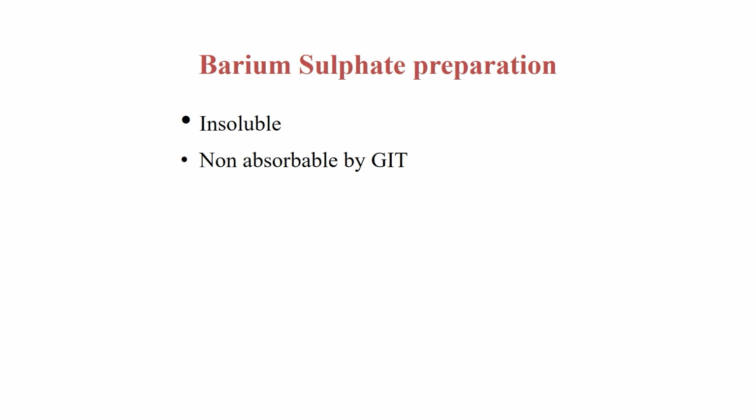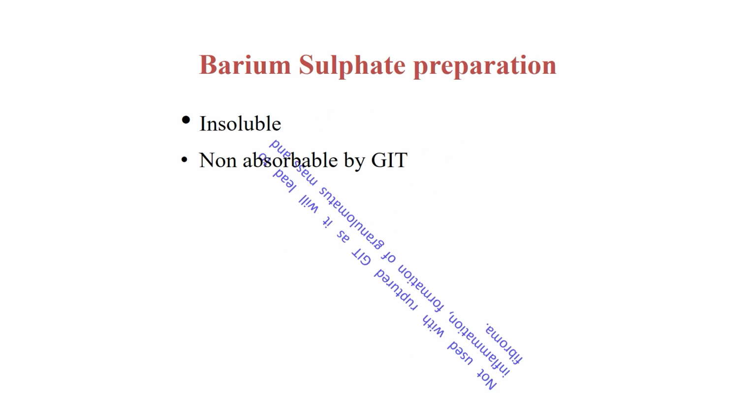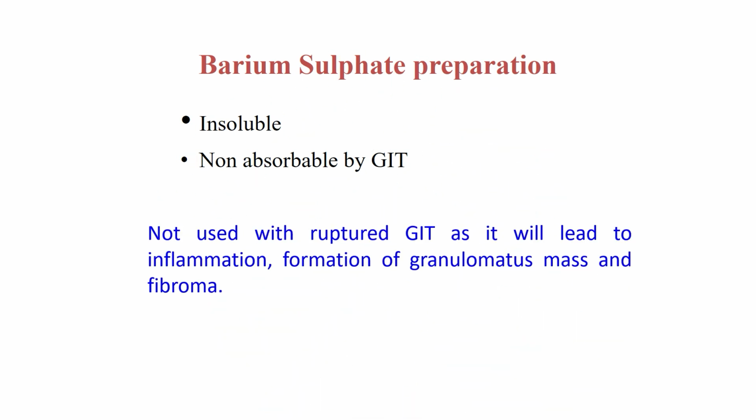So if there are any aberrations in the form of diverticulum, strictures or megaesophagus, it will coat the linings, and they can be very well noticed and identified, and it will help in making the diagnosis.